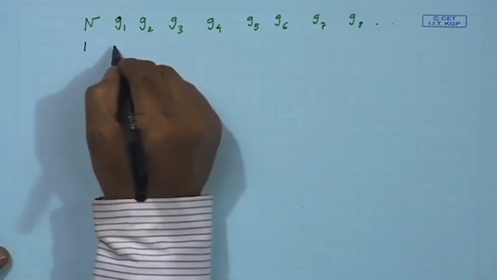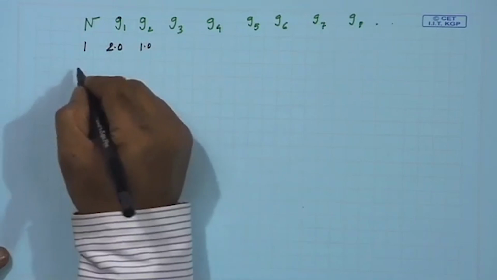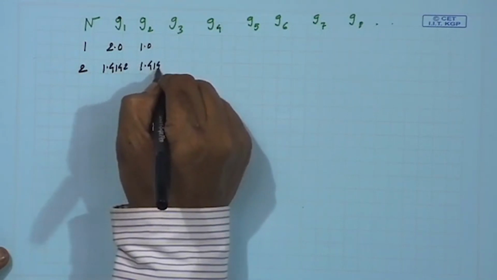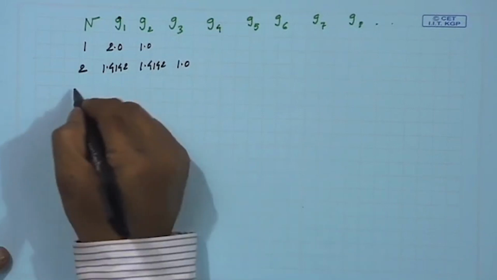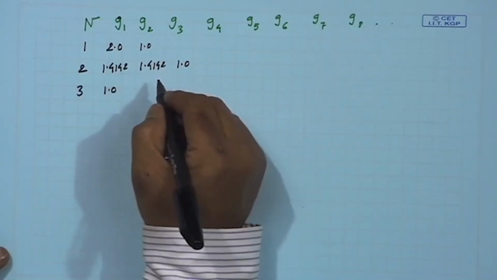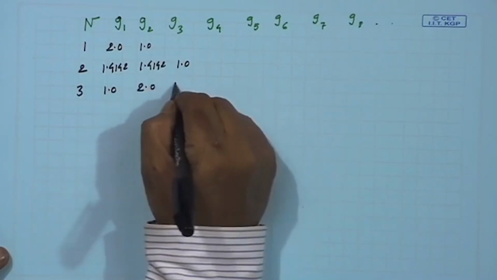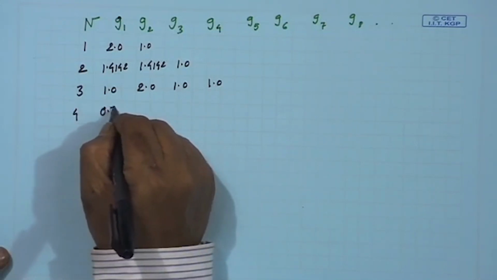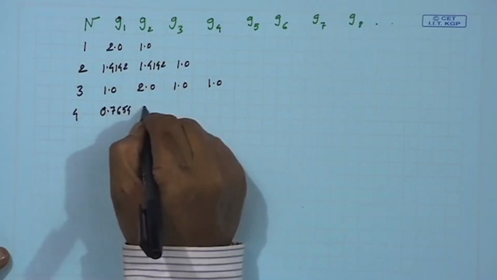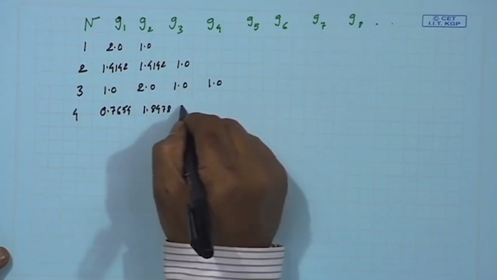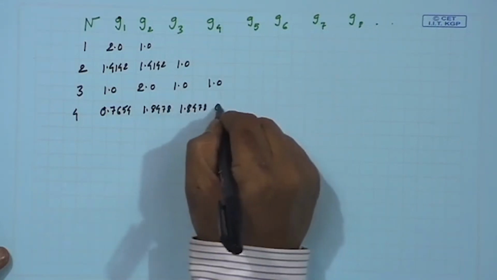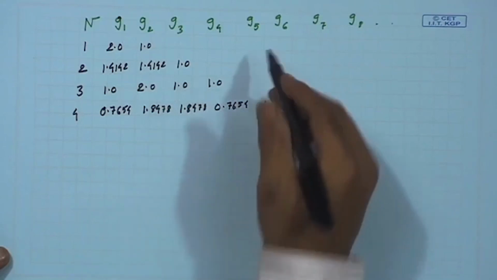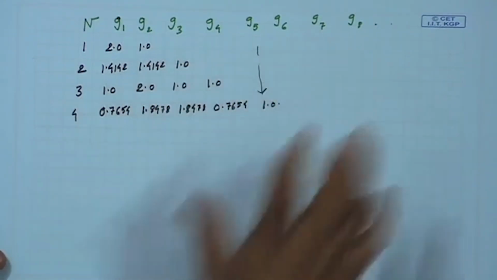Suppose if I have only one element, if I have 2 elements, like that tables are available.